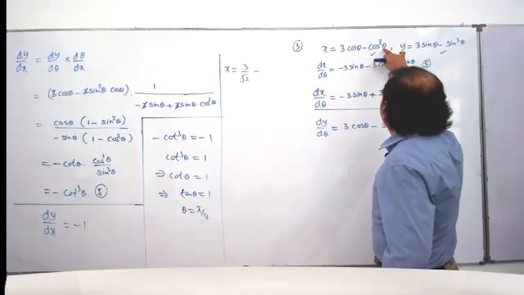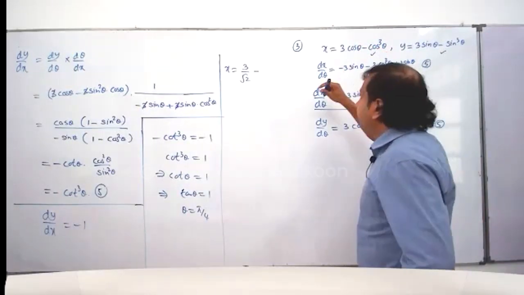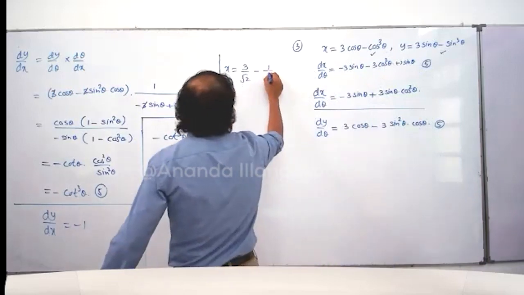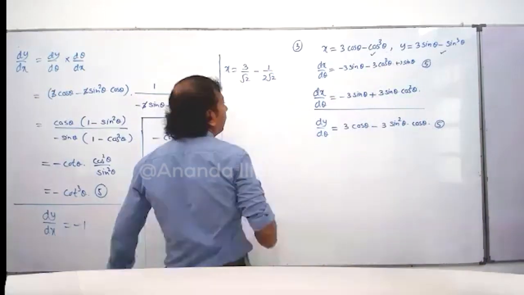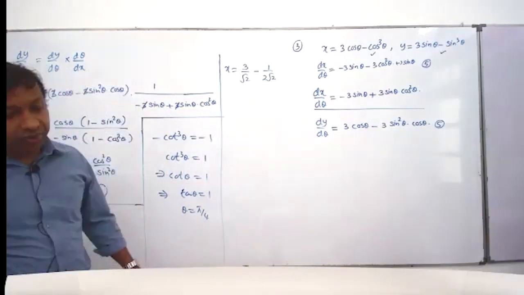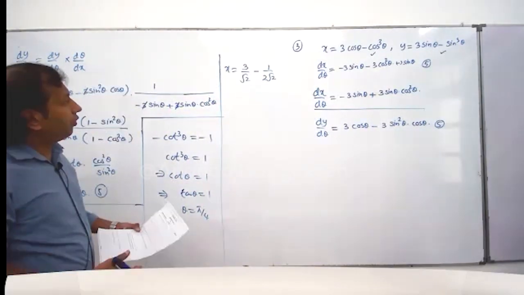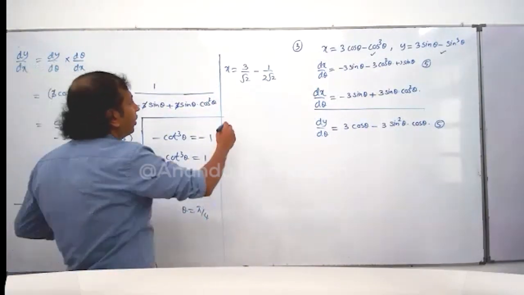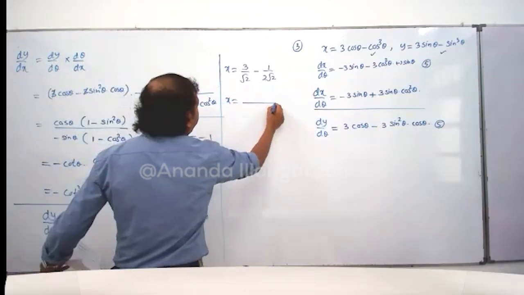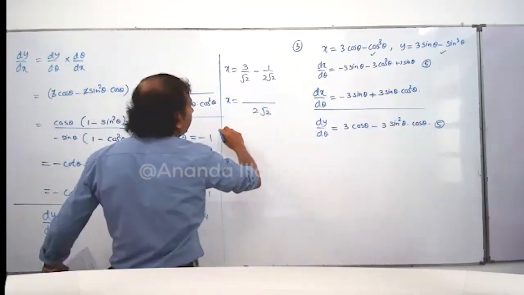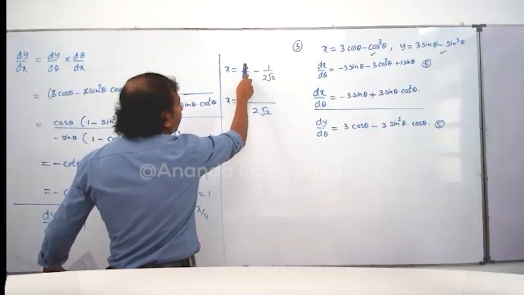Here cos cube pi by 4, what is that? 1 over 2 root 2. Correct, no? 1 over root 2 to the power 3, no? X answer is this. Then we can furthermore simplify this. Take into root 2. Here 6 minus 1 is 5.